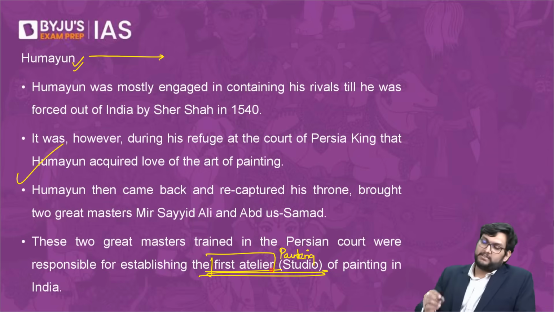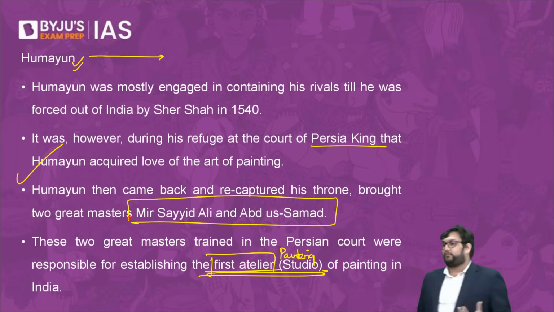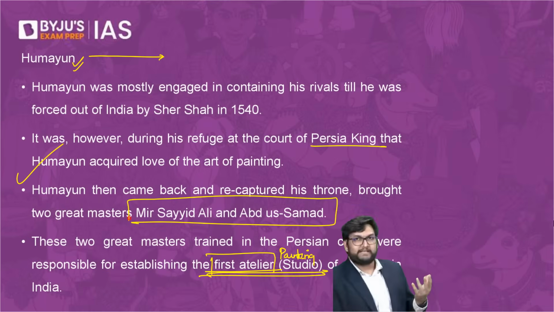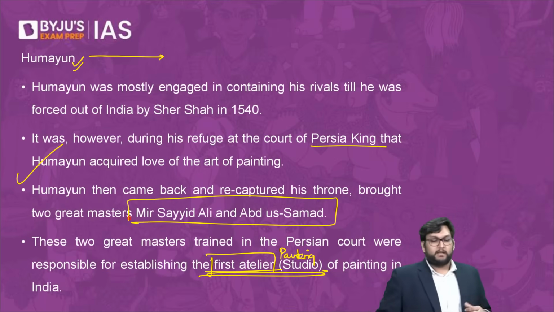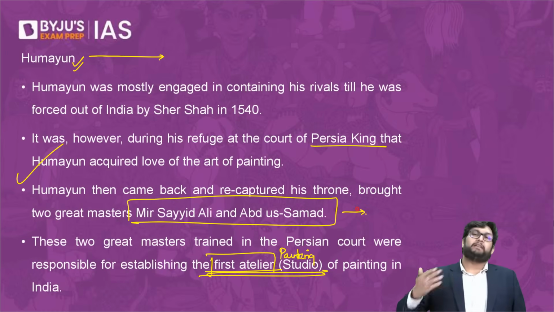And he brought with him two masters of painting, or teachers, Mirza Sayyid Ali and Abdus Samad. These two people became the pioneers in producing paintings in India.